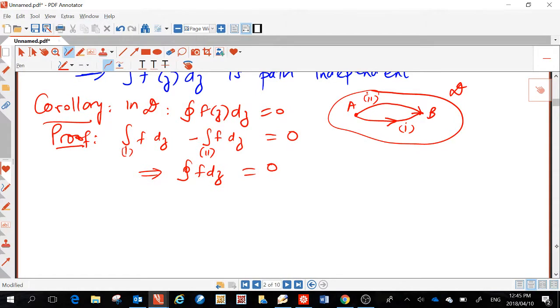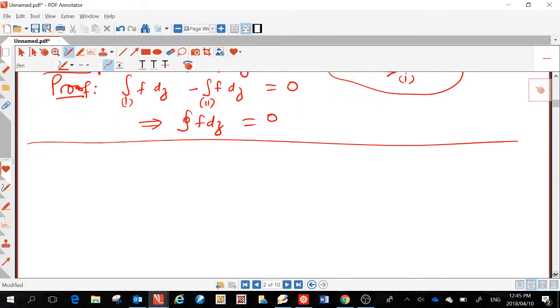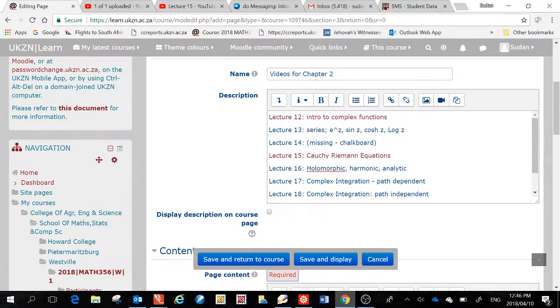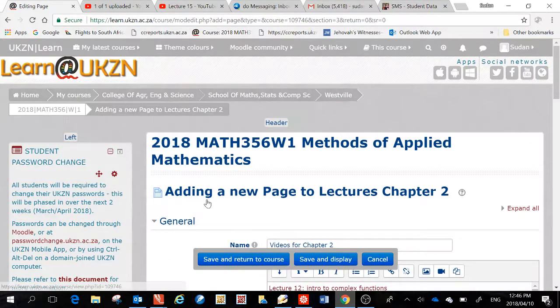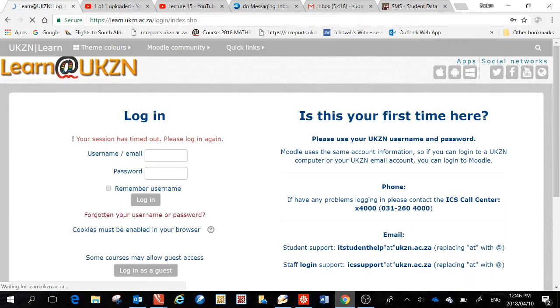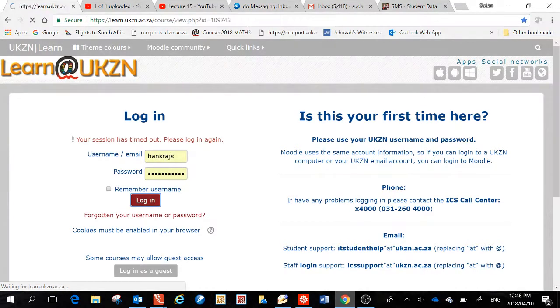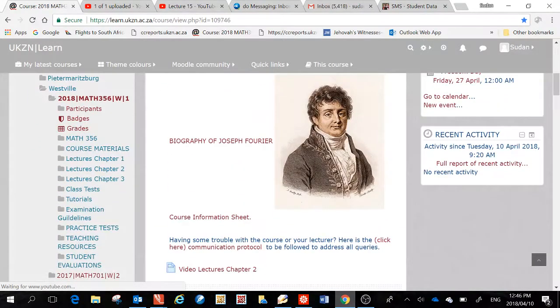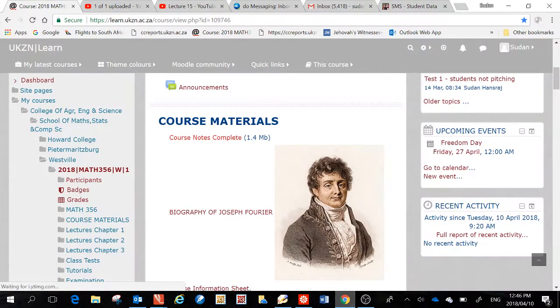Any questions thus far? I can't remember the example. I think it was 1 over z. Anyone has a book there with them? Here's the book.